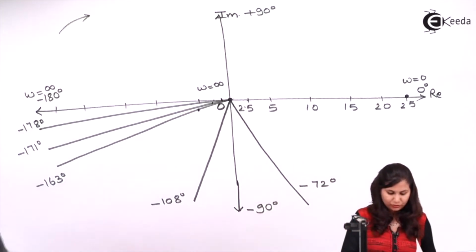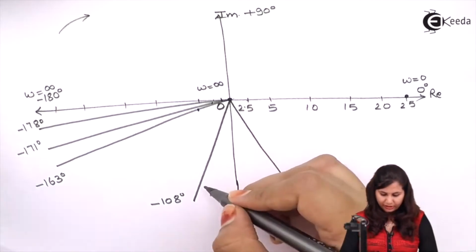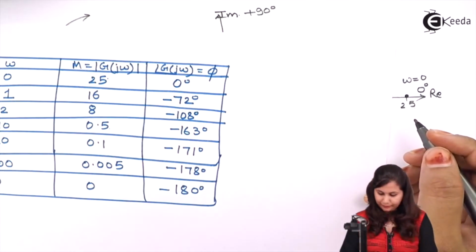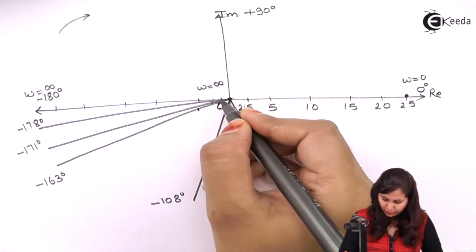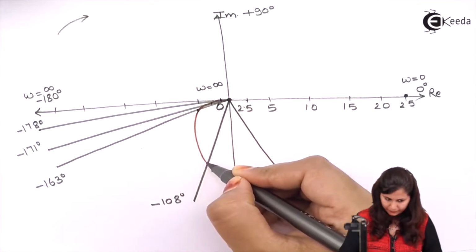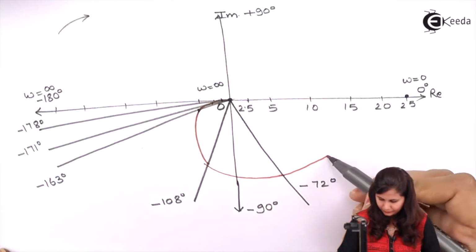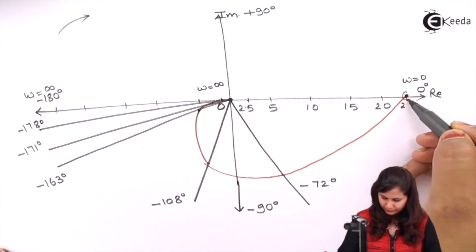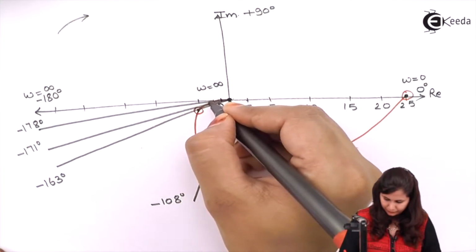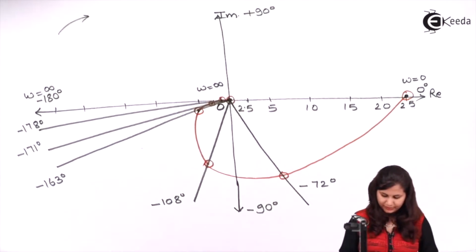Let's join these points so that we will obtain the Nyquist plot. For omega equals 2, the magnitude is 8 and the phase angle is minus 108 degrees. So we will join these points, and write the frequencies over here.